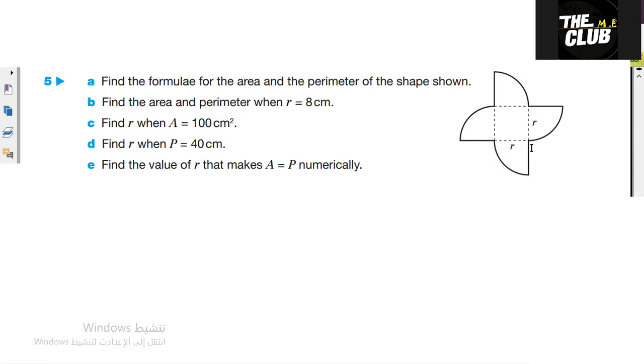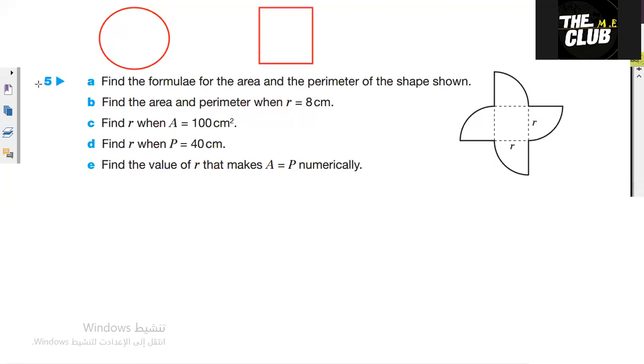It consists of a square with side R, and we see one quarter of a circle here, here, here, here. So 4 quarters of a circle means a whole circle. So the shape here is one circle. So we can draw a circle like this, and a square. So a circle and a square like this.